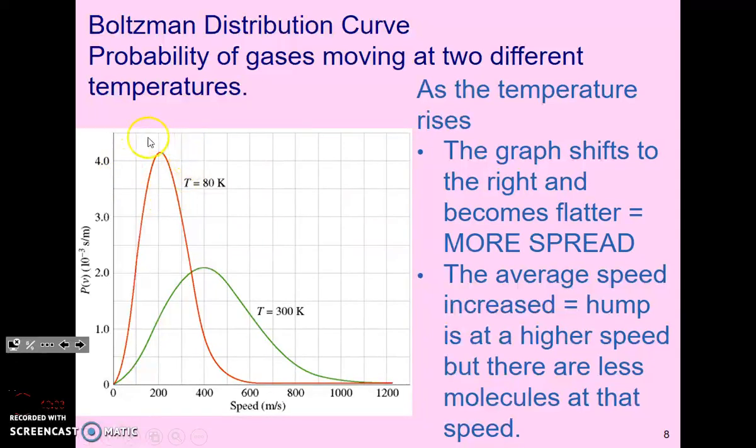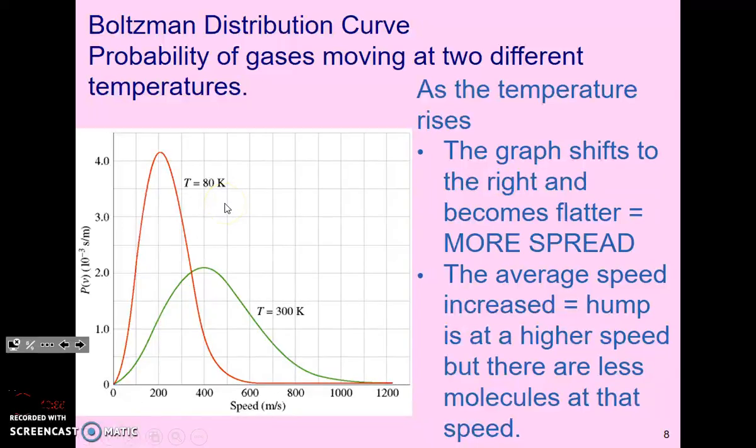If we look at the gas that's at 80 Kelvin, its average speed is about 200 meters per second. That's the highest point, where most of the gas particles are. For the gas that's hotter, its average speed is about 400 meters per second. So when you increase the temperature of a gas, the average speed increases. And again, the average speed on this graph is where the hump is.